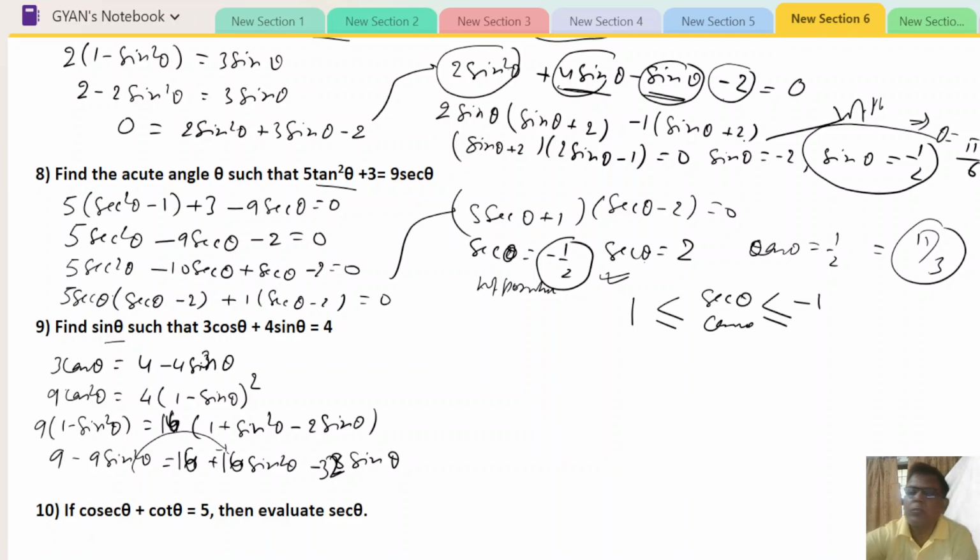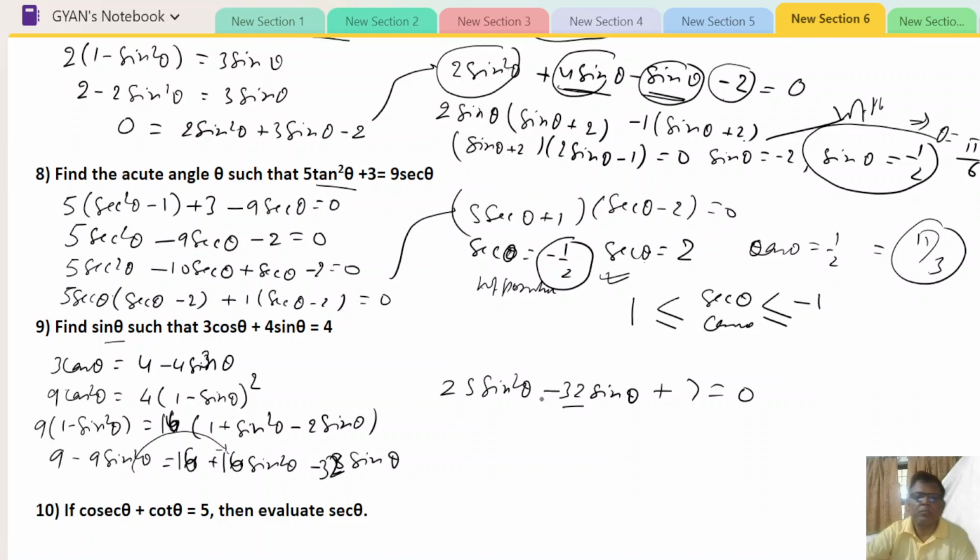So now further solve it. You will get 16 and 9, 25 sine square theta, correct? Minus 32 sine theta plus 16 minus 9, that is 7, equal to 0.